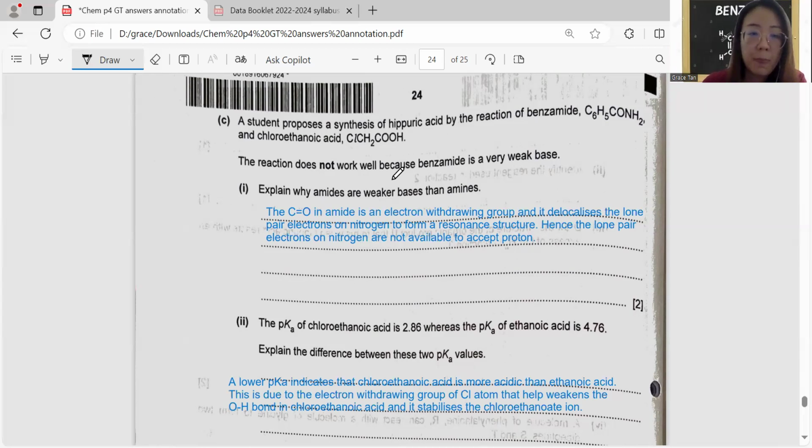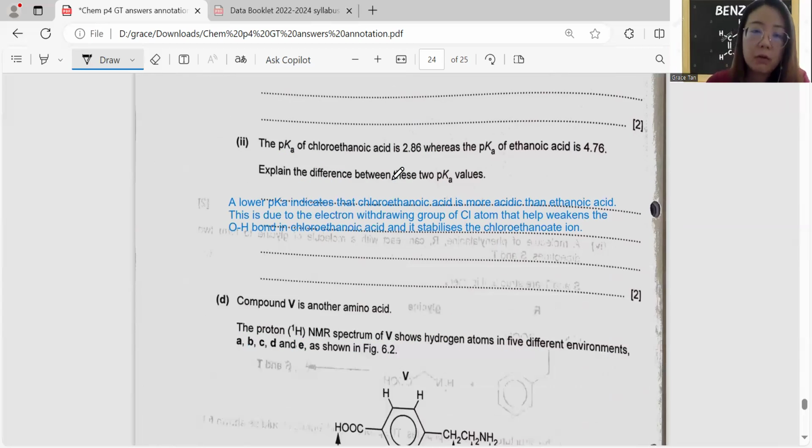Now, part 2, the pKa of chloroethanoic acid is 2.86 and the pKa for ethanoic acid is 4.76. Explain the difference between the two pKa values. 1 mark definitely has to do with explaining what a lower pKa value means. A lower pKa value indicates it is more acidic. So chloroethanoic acid is more acidic because it has a lower pKa value than ethanoic acid.